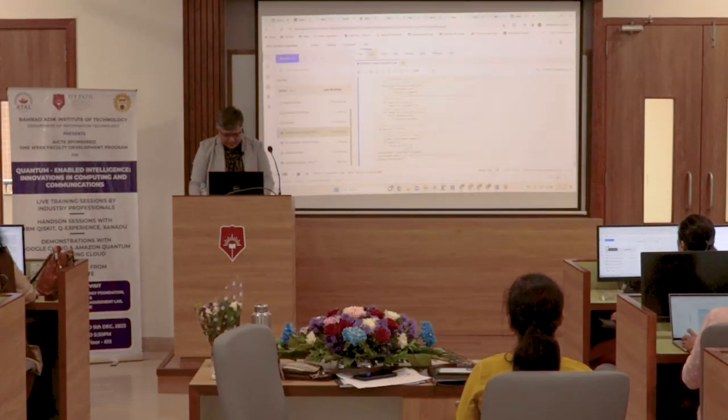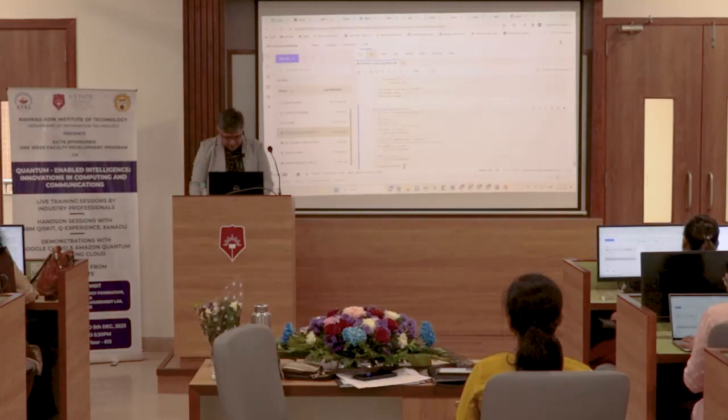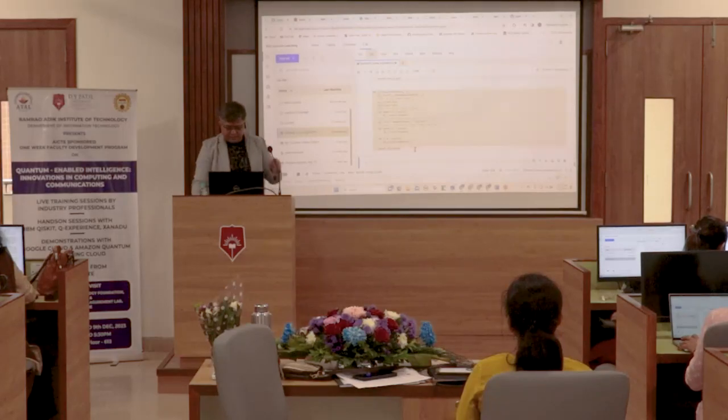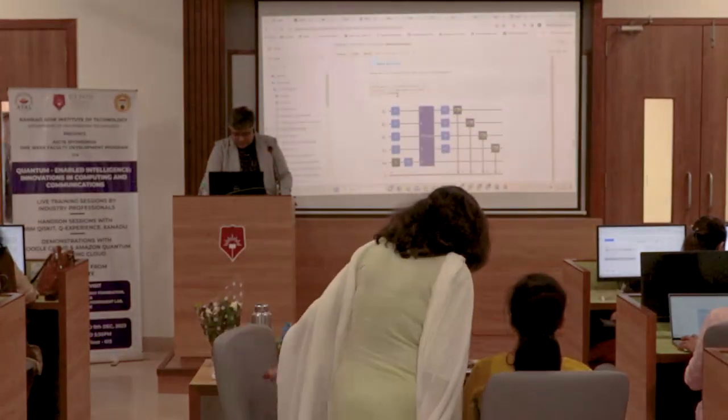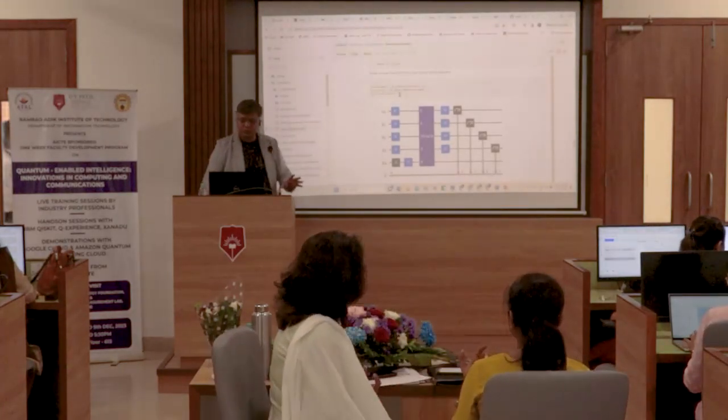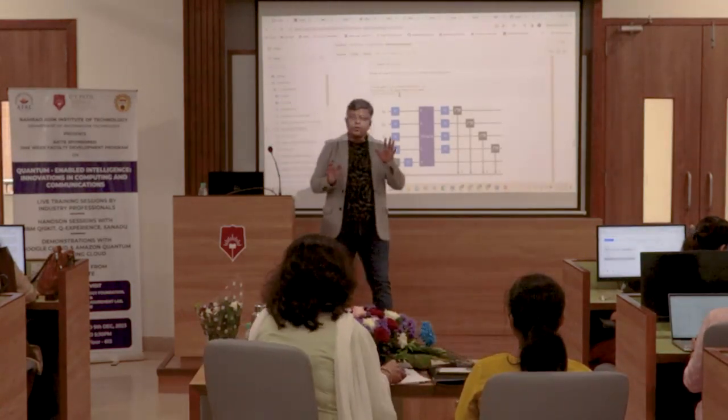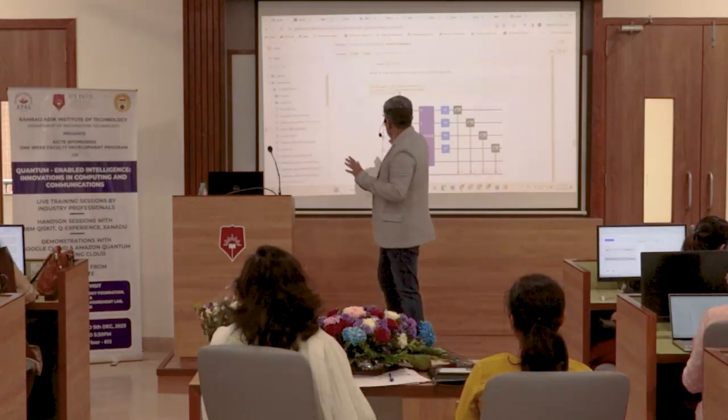So this is your algorithm, which is completely dependent on the oracle function. At this point, this is the algorithm, and then finally, we wrote the code for the quantum oracle.